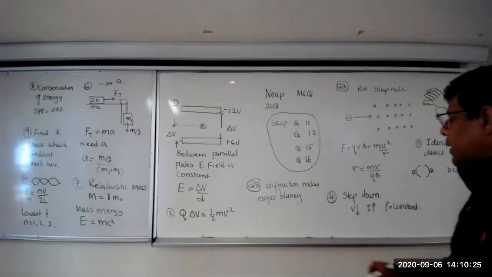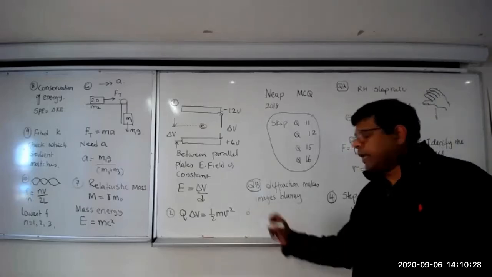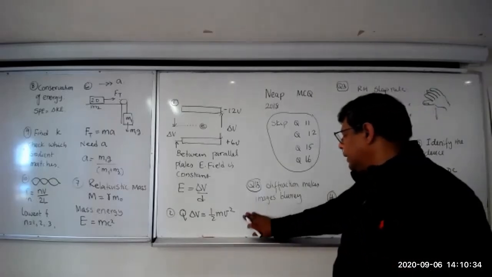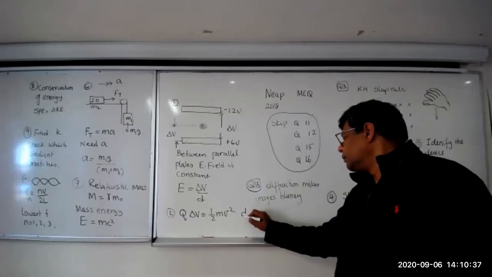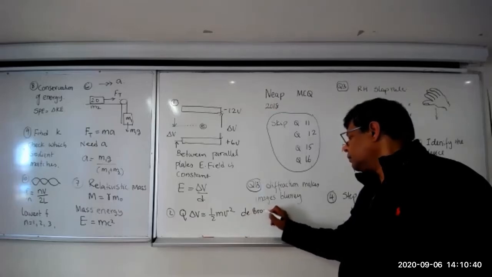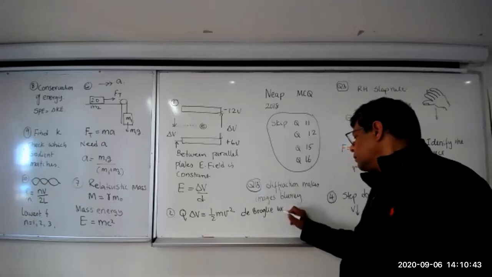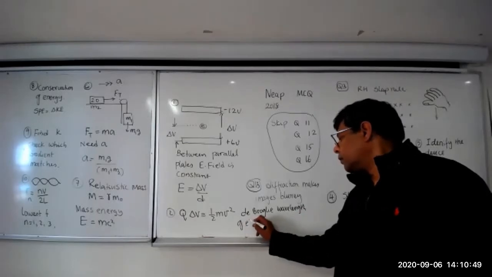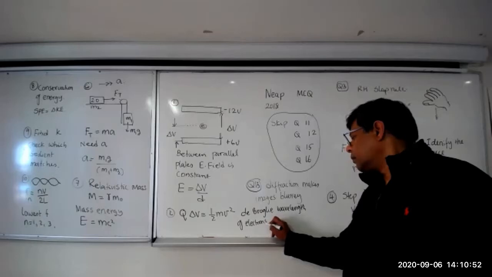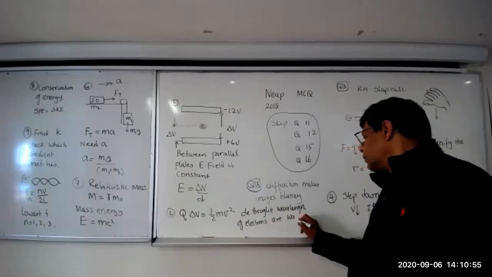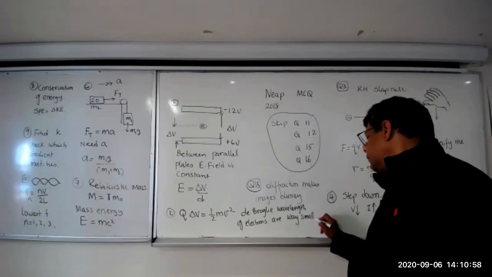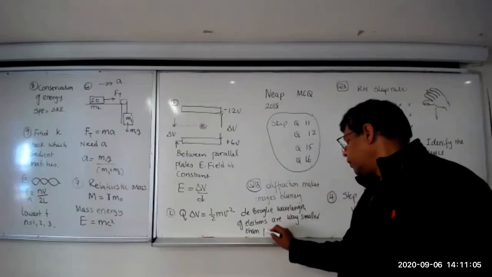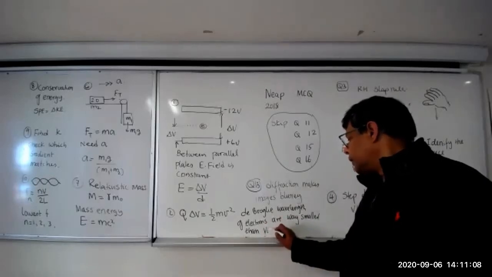The de Broglie wavelength of electrons is way smaller than visible light.